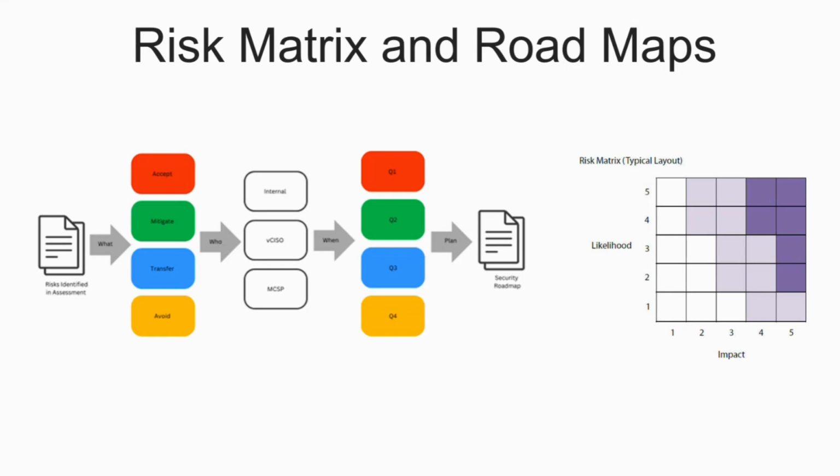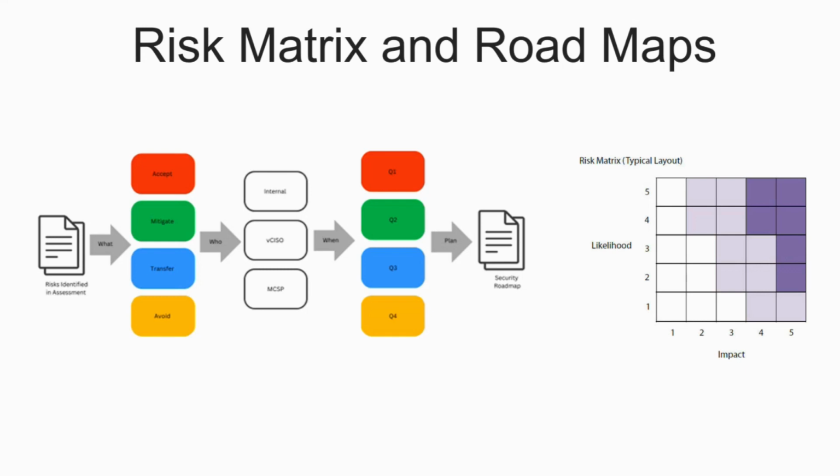Your situation may change, but the way you do that is you can see on the risk matrix that you want to figure out the best use of your time and rank these based on it. The likelihood of something happening is on the left-hand side, and across the bottom is the impact if it were to happen.